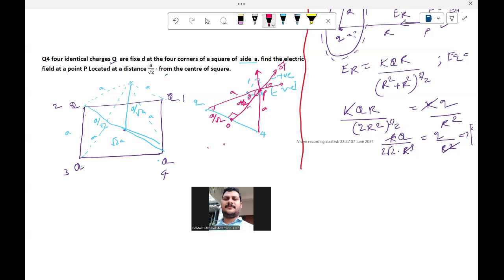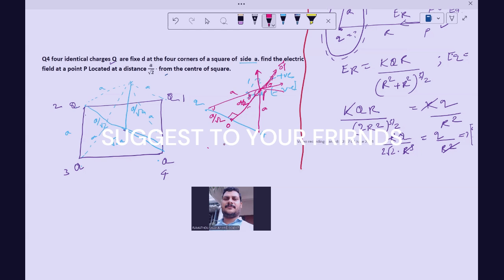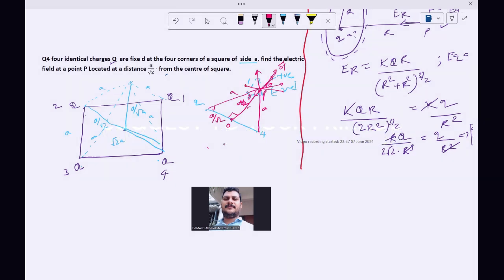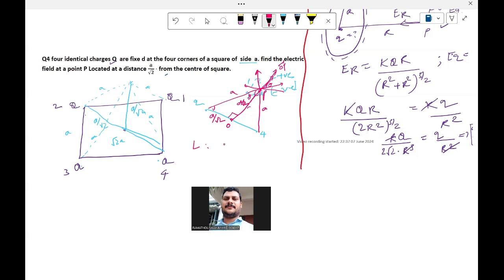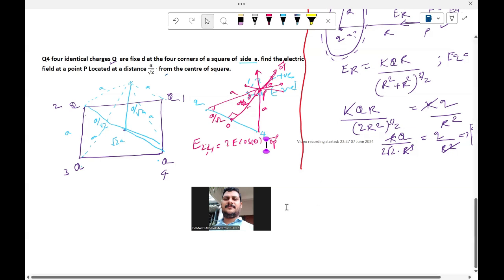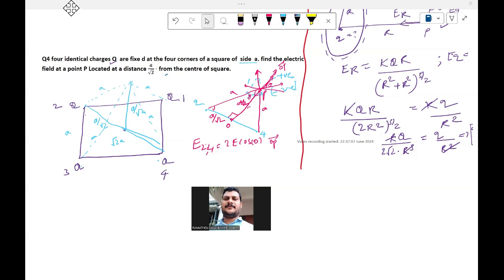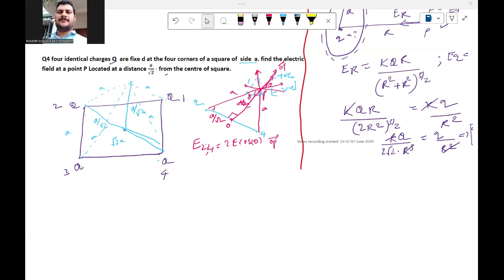Now resolving this one into this direction and this direction, and this one also into this direction and this direction, the resultant electric field of 2 and 4 is equal to 2E cos theta along the OP direction. Similarly, if you take 3 and 4 charges, you take them similarly.